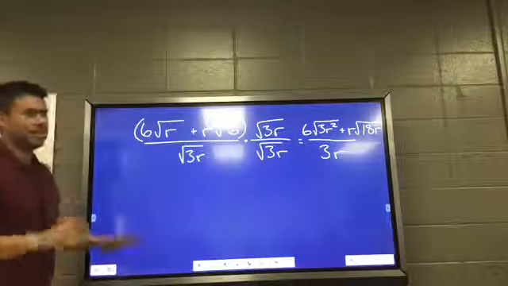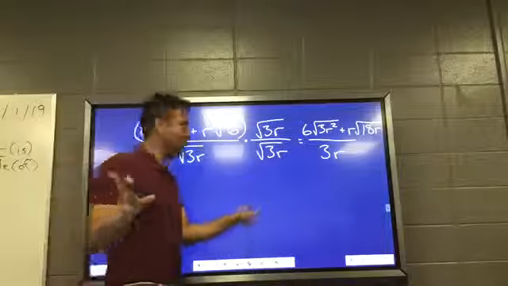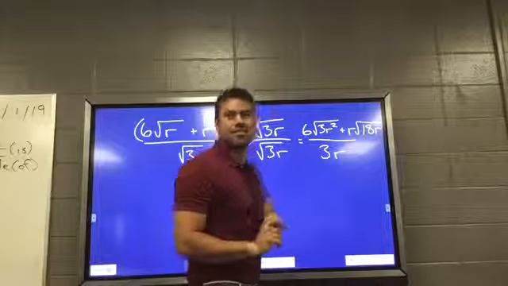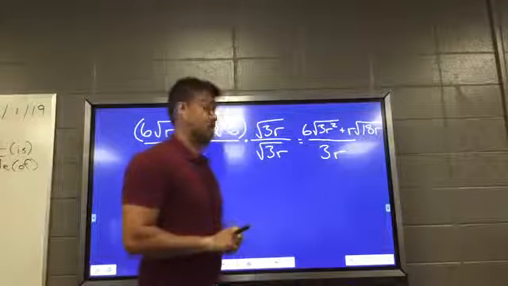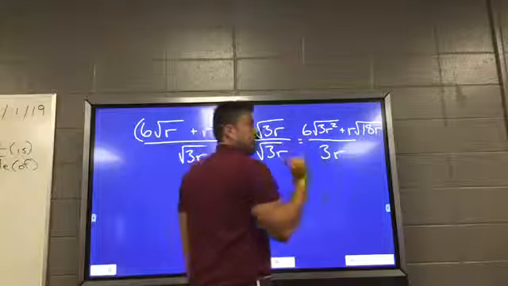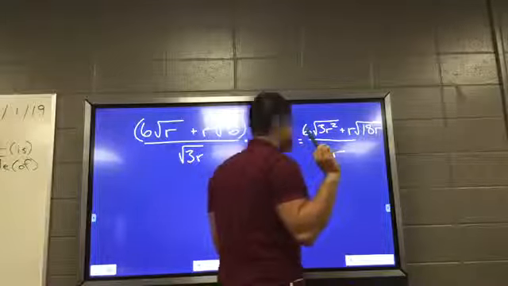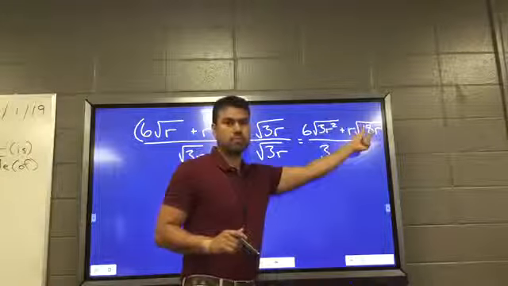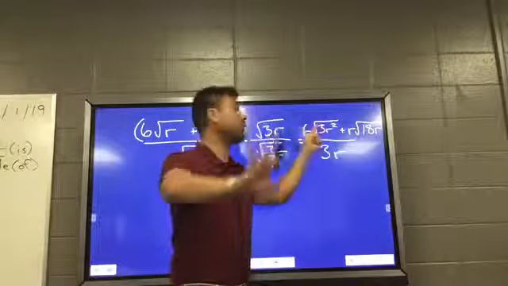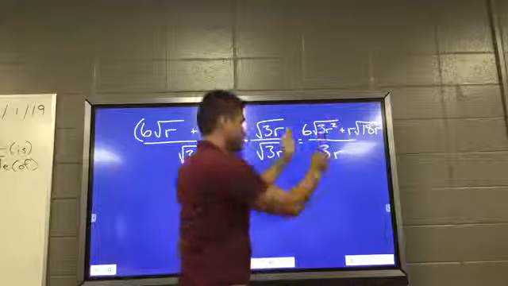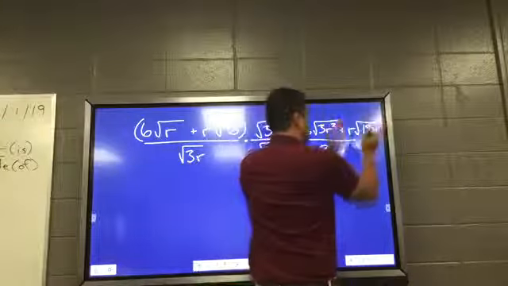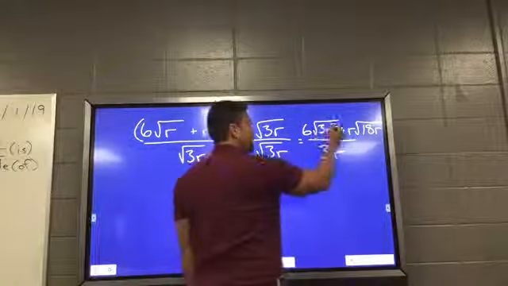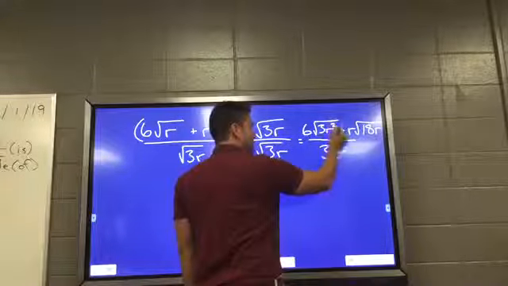Okay. It's not simplified. I hope you can see that. Simplify those two first. Just simplify this and simplify that. What comes out of the first radical? r.